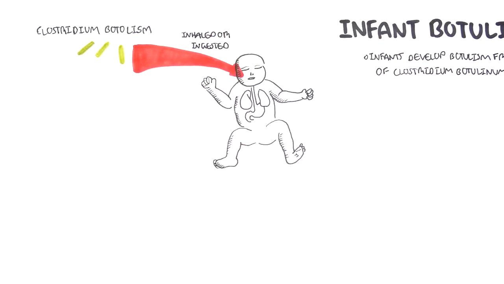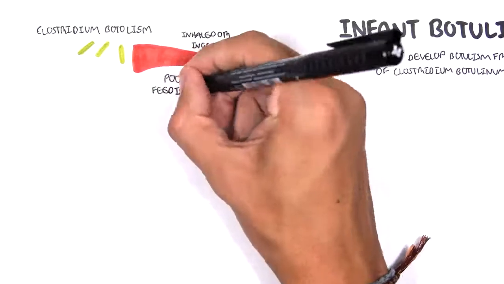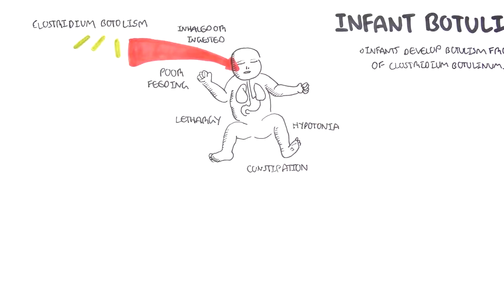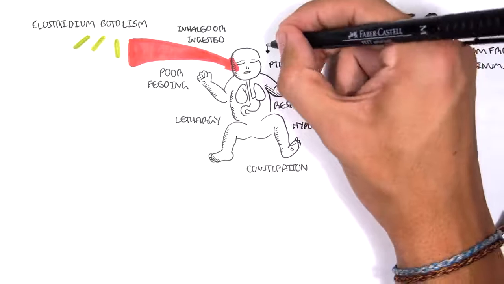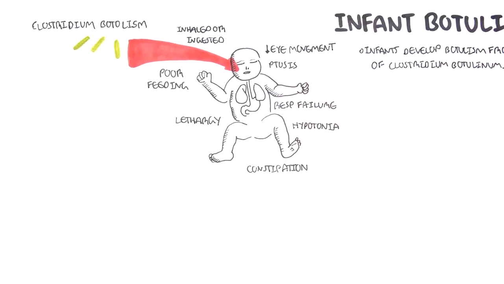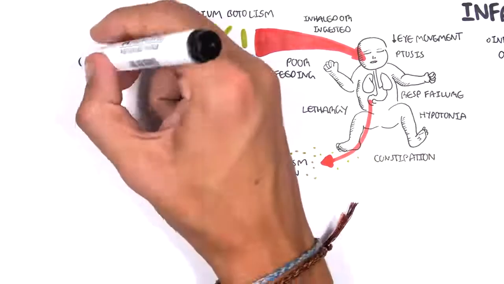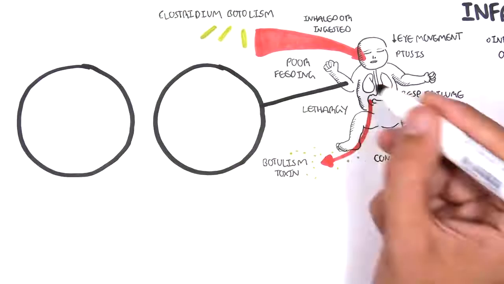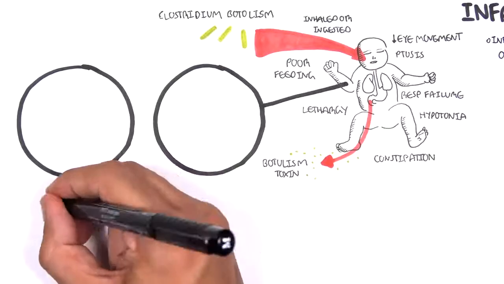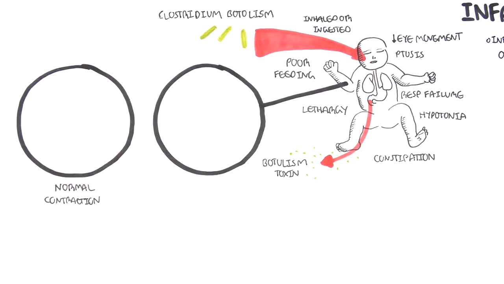This can be poor feeding, lethargy, constipation, respiratory failure, ptosis, decreased eye movements, and just lethargy in general indicates diminished muscle activity. The signs and symptoms actually arise when the bacteria produces the botulism toxin in the gastrointestinal tract, and this causes neuromuscular junction dysfunction, which leads to the poor muscular control and muscular movement.